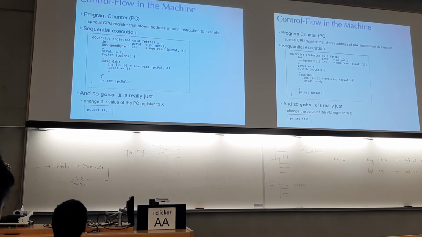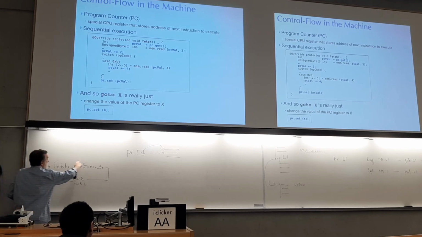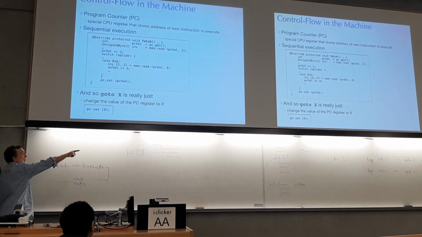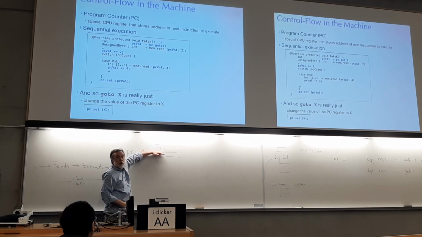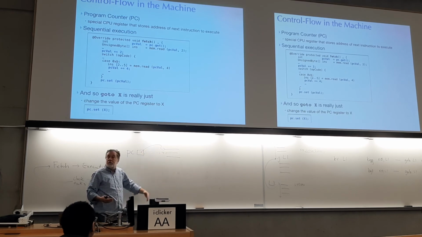So that's sequential control flow. Sequential control flow is just adding the size of the current instruction to the PC in the fetch stage, so that by the time you come back around again to fetch, it will fetch the next instruction. And this will repeat. So the next time through, PC is here, fetch this one, advance it to here, and so on. Does that make sense?